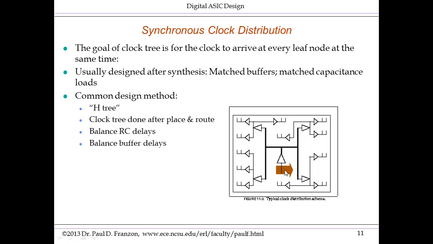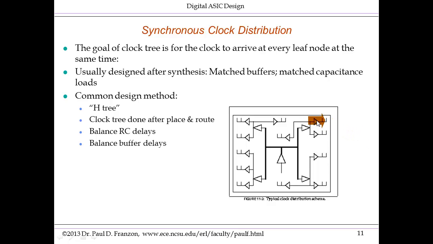The idea is that the delay from the root of the tree to each and every possible leaf is made to be as exactly the same as each other as possible. The way to do that is to make these routed lengths, the length from there to there, as precisely matched to the length from there to there as we can, and so on for lower levels of the tree, and to make all the buffers, that buffer there and that buffer there, or that buffer there and that buffer there, as identical as possible in the design.